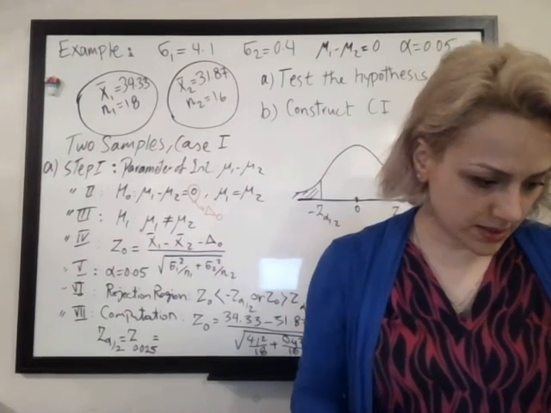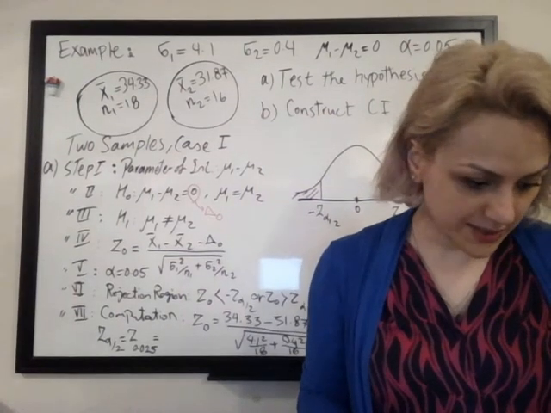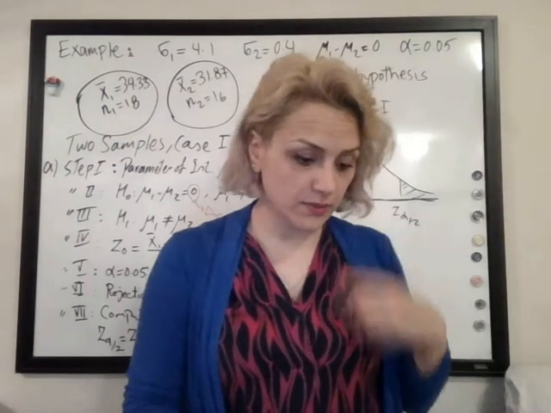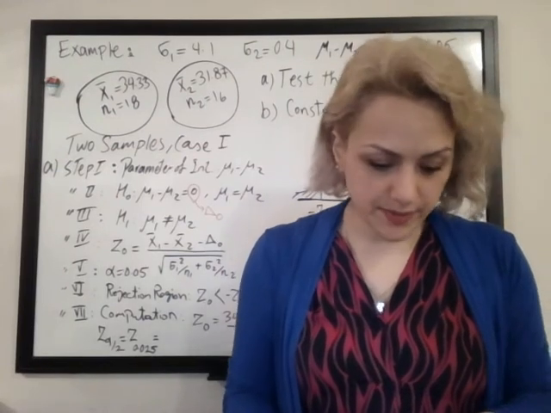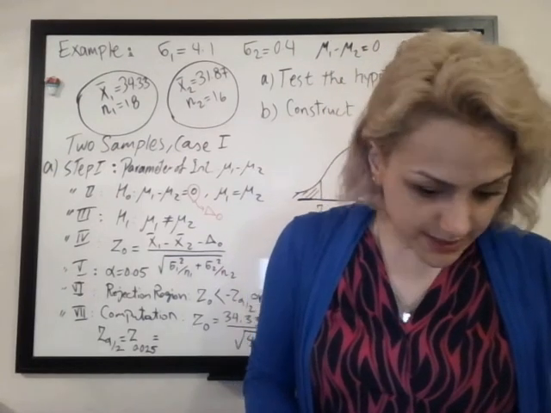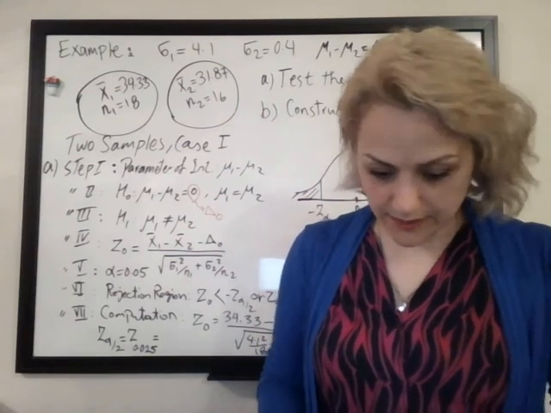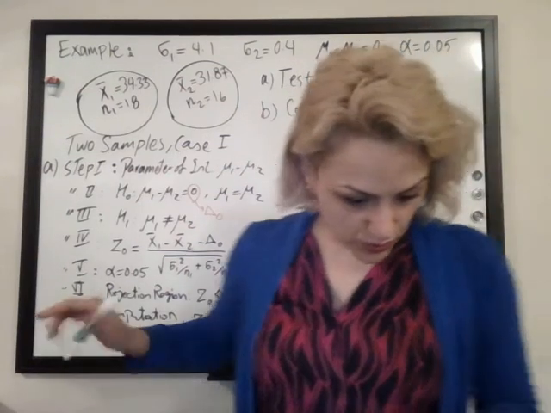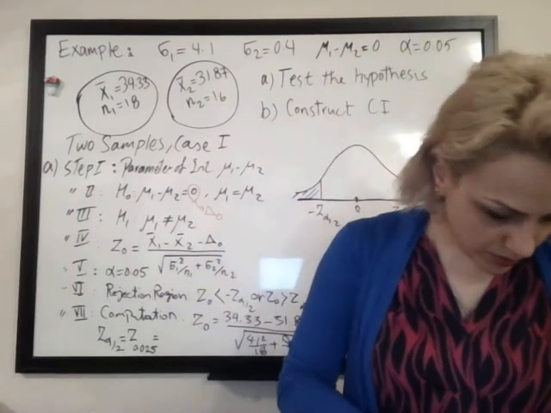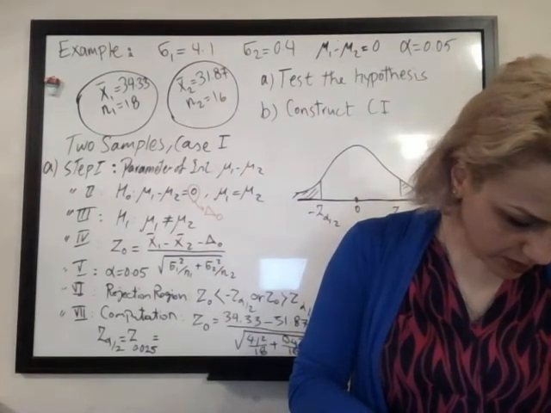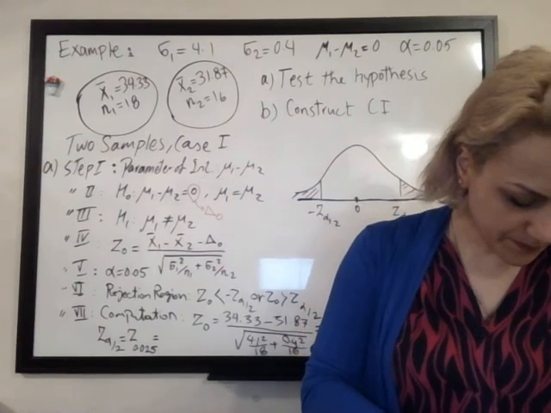Let me just see the z table. It's at the back of most stats books, but I also posted it on our course website. So we are looking for the z at 0.025.